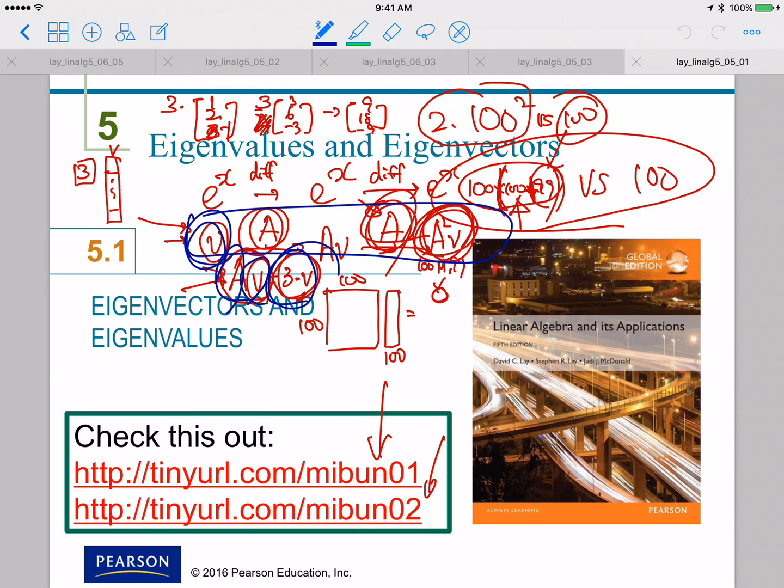Now, let's start with chapter 5 about eigenvalues and eigenvectors.